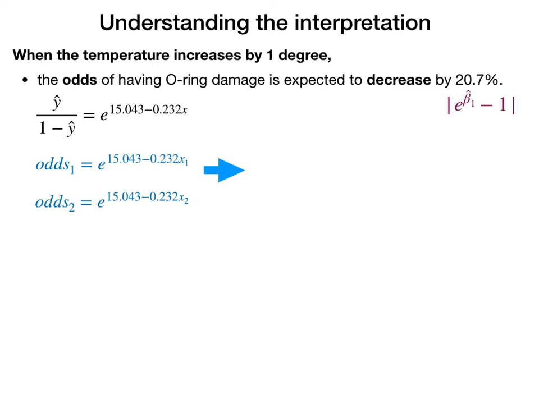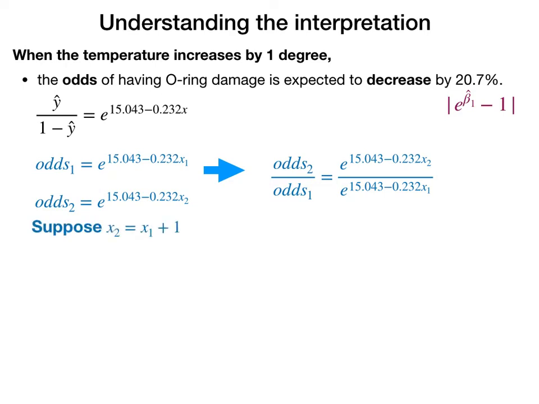Now what I'm going to do is to divide both sides. So odds 2 divided by odds 1, and then the right side is divided accordingly. The benefit of doing division is that I can cancel out certain information. But before I do that, let's suppose that we increase the value of temperature by 1. So x2 is equal to x1 plus 1.